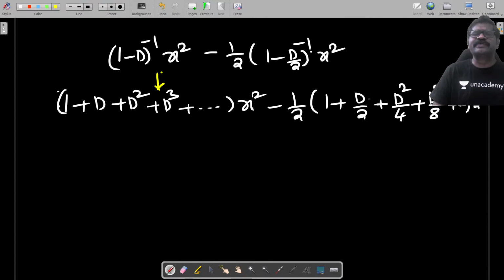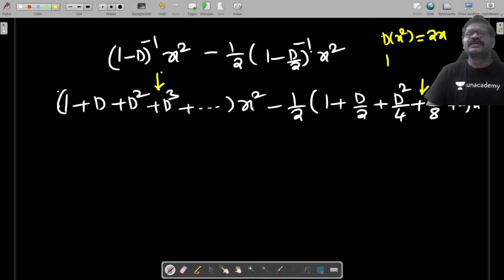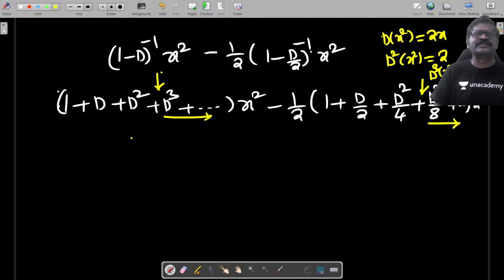D cube onwards we have to neglect. The reason is differentiation of x square is 2x, D square of x square is 2, D cube of x square is anyhow 0. That's why the higher power terms we have to neglect in this infinite series.